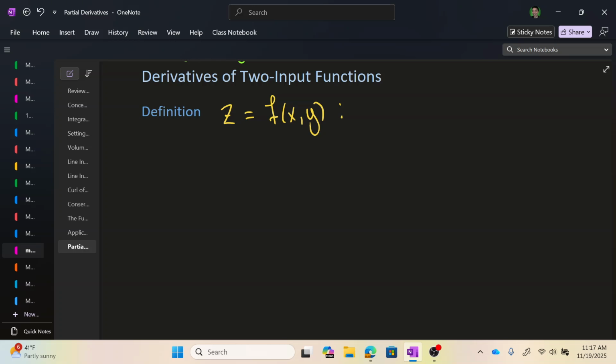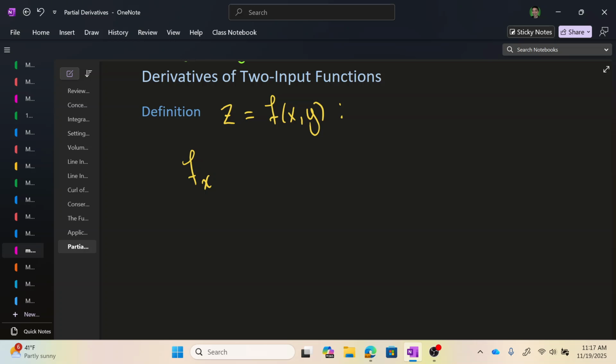The first derivative is going to be focused on the effect of the first input variable, x. And the notation for this partial derivative is f with x as a subscript.